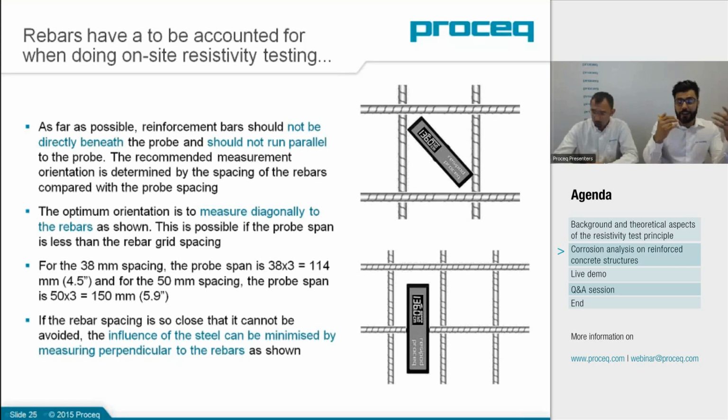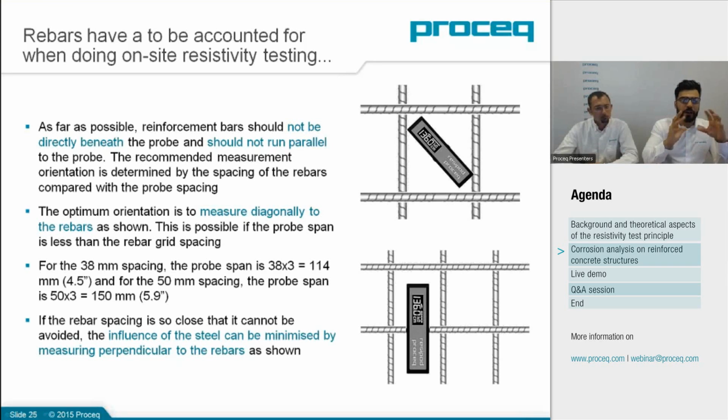In addition, we have the geometric kit, which allows you to define your own spacing and then set the instrument to accommodate the probe spacing in order to calculate your resistivity measurement correctly. The influence of the steel can generally be minimized by measuring perpendicular to the rebar. That's the key learning here.